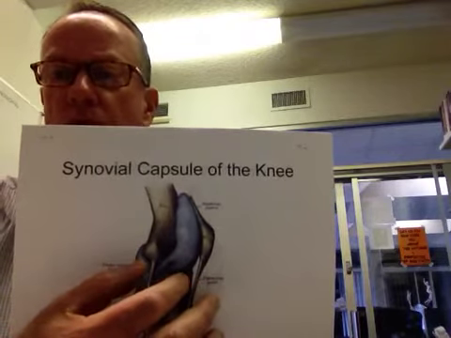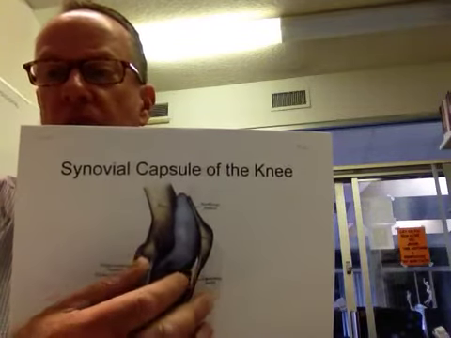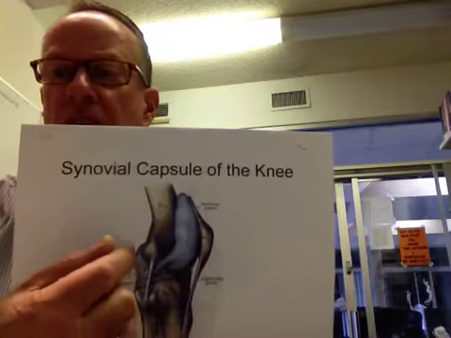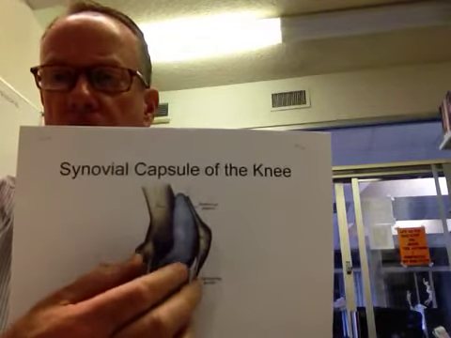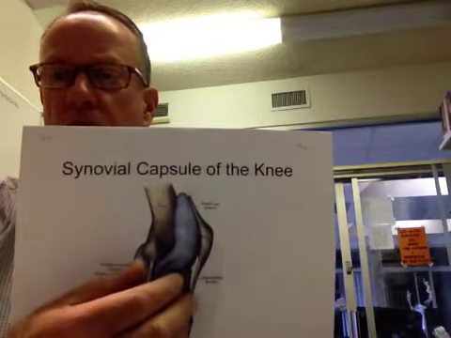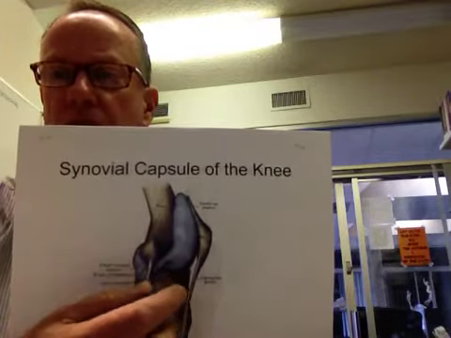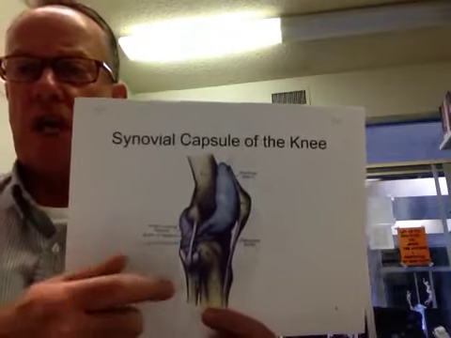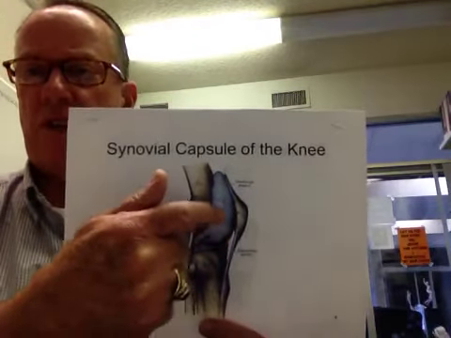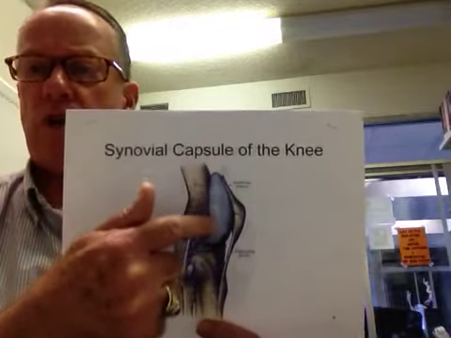This is a knee with a reasonable amount of swelling, and the synovial capsule is like a reservoir that fills up with excessive fluid, and the portions of the synovial capsule get named, and this is the suprapatellar pouch.